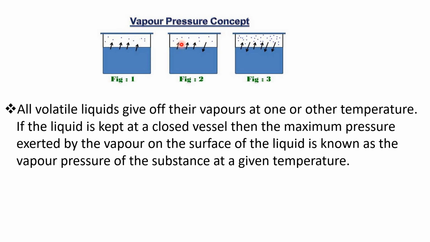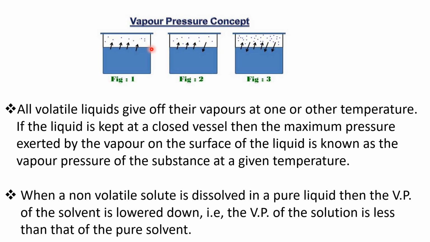And suppose all these are closed systems. So at a particular temperature, this maximum pressure exerted by the vapor which is present above the surface of the liquid is known as the vapor pressure of that liquid at that temperature. Right?